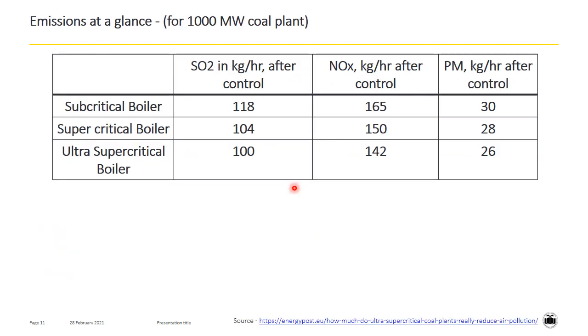This comparison is also from a 1000 megawatt coal plant from some western country.